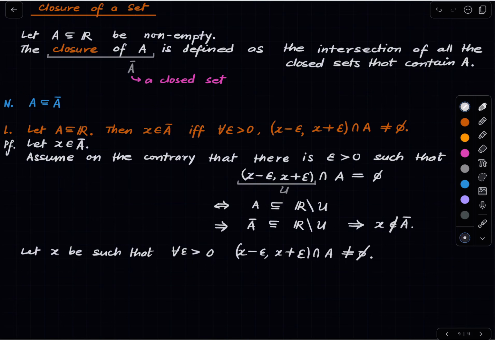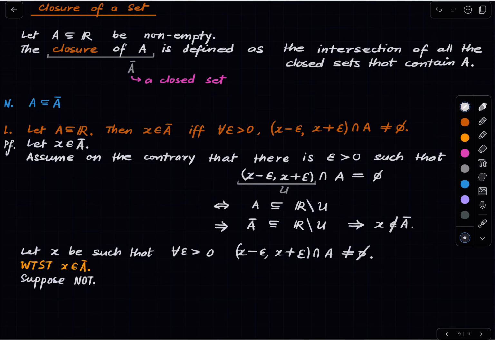We want to show that x is in A closure. Wanting to show that x is in A closure is the same as asking that x is in every closed set that contains A. So suppose not, again going by contradiction.